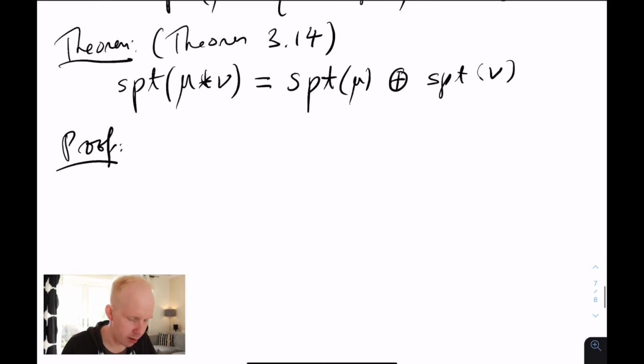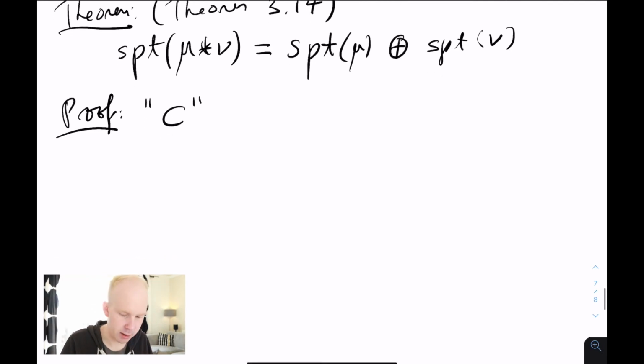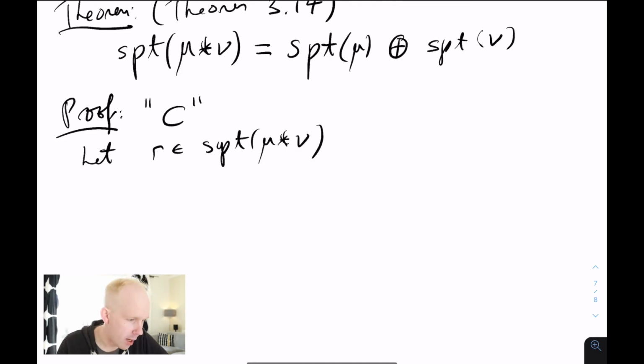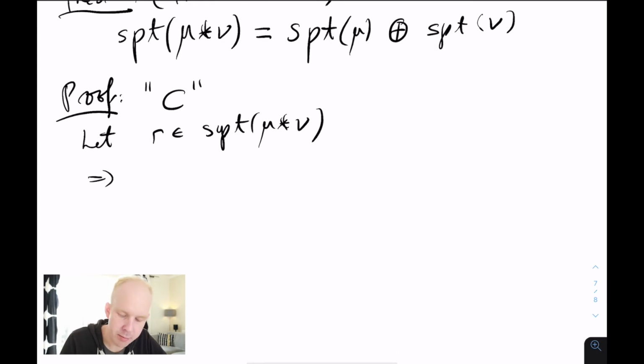Basically we are asking whether two sets are the same. So we can first prove one inclusion: let r be an element in the support of mu star nu. In particular, that means that (mu star nu)(r) is positive.